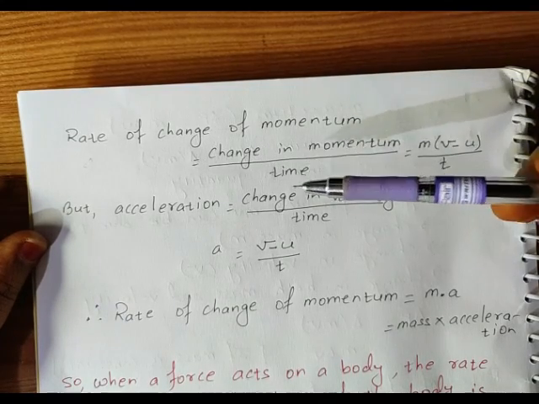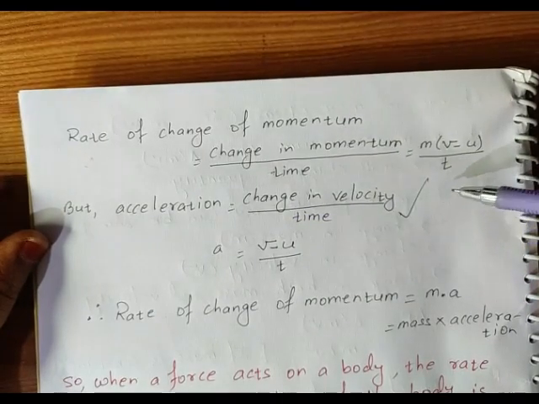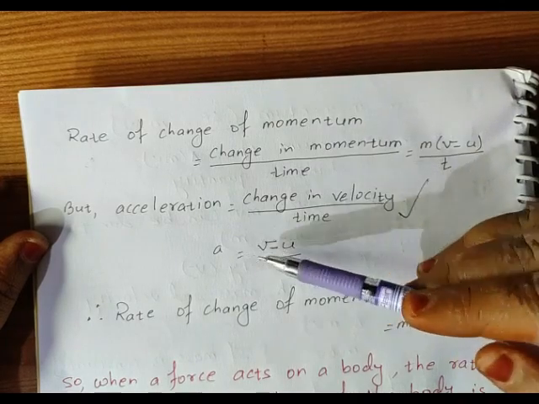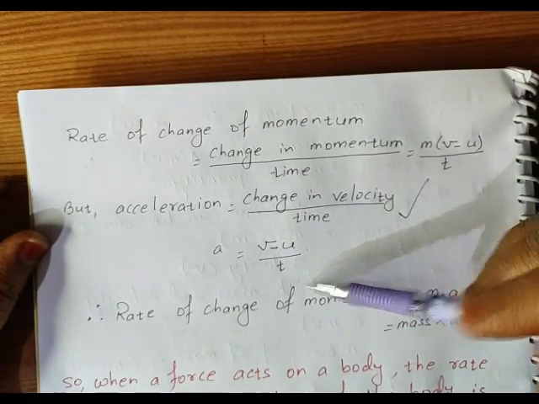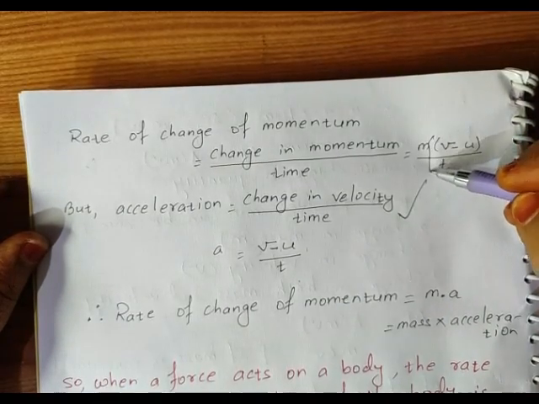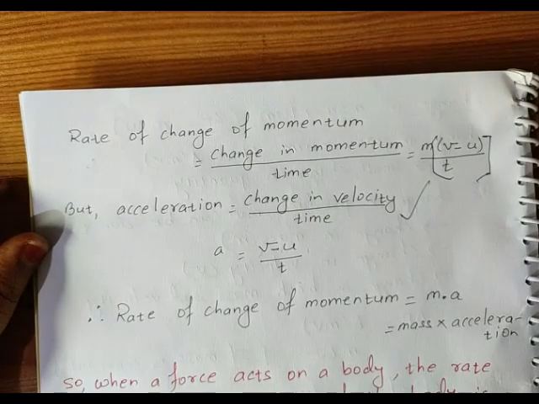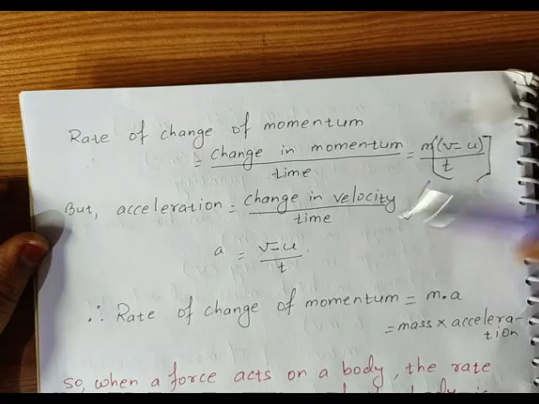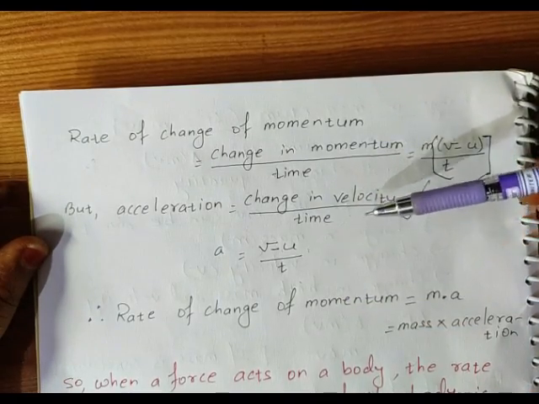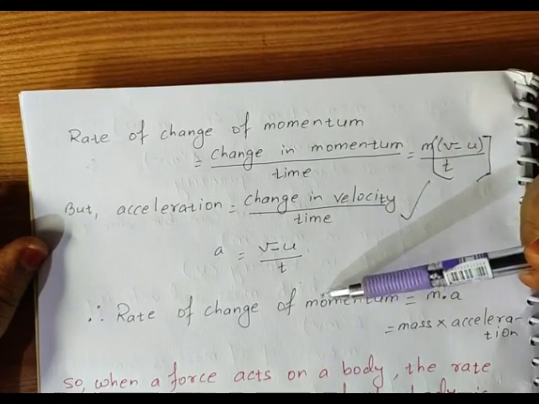Now we know already acceleration is equal to, what is the formula? Change in velocity by time. Acceleration a is equal to (v minus u) by t. So (v minus u) by t is replaced by a. We know acceleration is change in velocity by time, a is equal to (v minus u) by t.